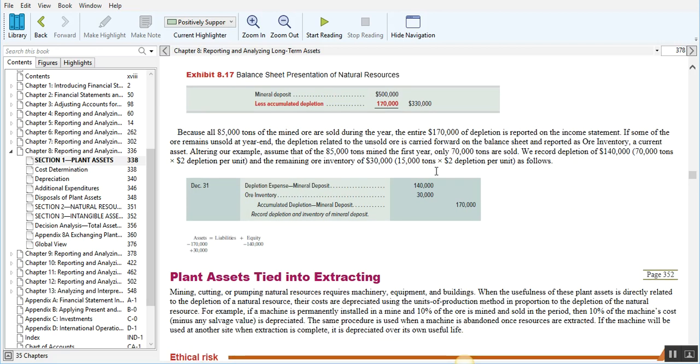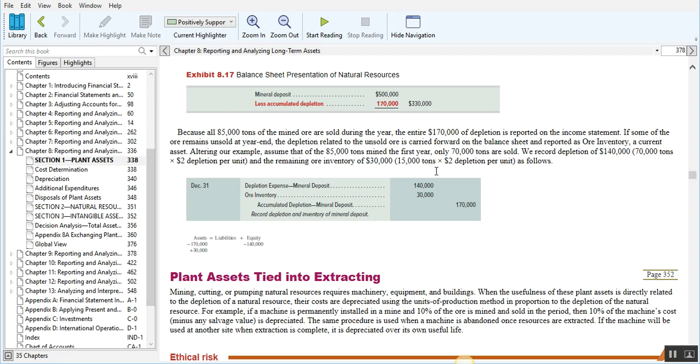Now, if all of the tons are sold during the entire year, we would have all of that expense showing on the income statement. But if some of it remained behind because it wasn't all sold in the first year, we would need to identify some of that as being in an inventory account.